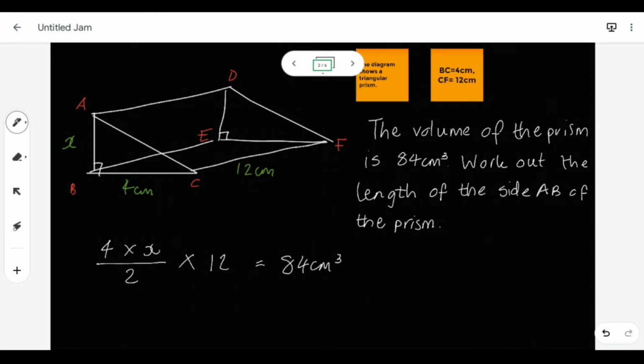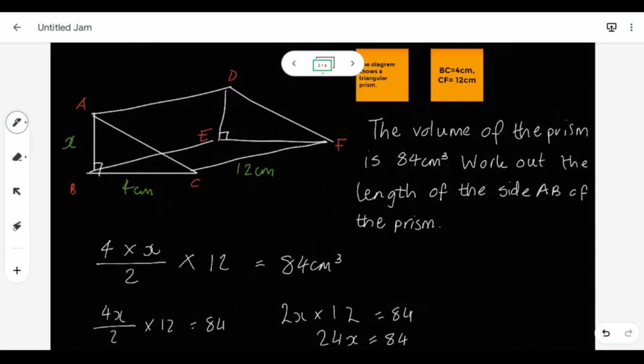Now of course this changes into 4x divided by 2 times by 12 equals 84. And then we have 4x divided by 2 is 2x times by 12, which is 24x, which is equal to 84. So we then have 24x equal to 84.